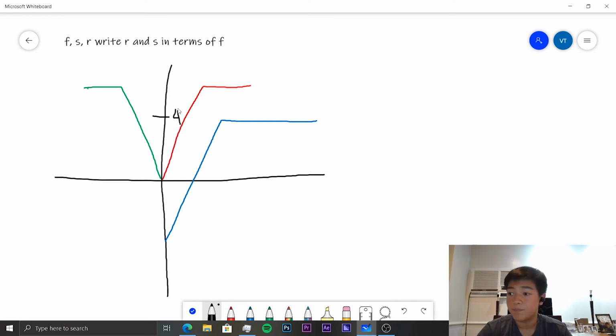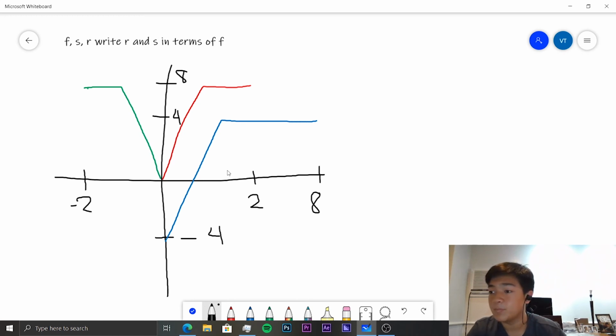This is 4. This is 8. This is negative 4. This is 8. This is 2. Sorry, these axis scales are wrong, but we can still tell from these. And this is the origin, of course. So f of x, well, we know that f of x is the red line.